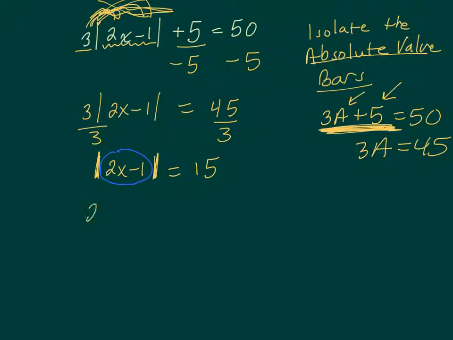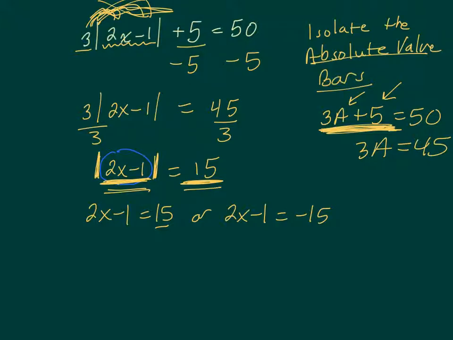That means that this 2x minus 1 could equal 15, because the absolute value of 15 is 15, or that 2x minus 1 could equal a negative 15, right? So whatever's inside of here, you set equal to this number, and set it equal to the opposite of that number. Either 2x minus 1 equals 15 or 2x minus 1 equals negative 15.